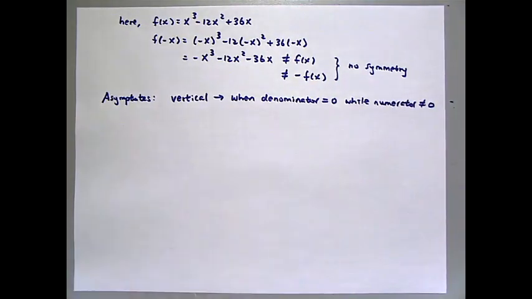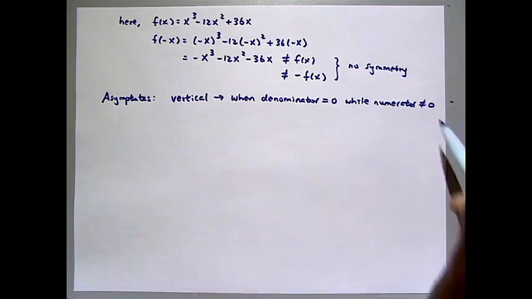If they're simultaneously 0, then that's an open circle. It's a hole in the graph. But if the denominator is 0 while the numerator is not, then that's where an asymptote can be.